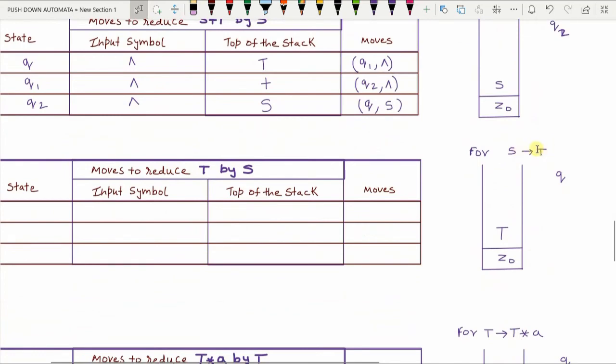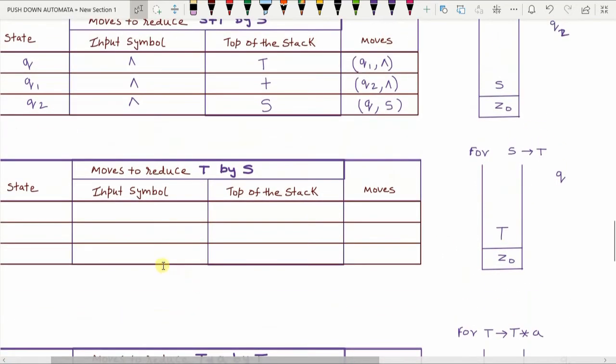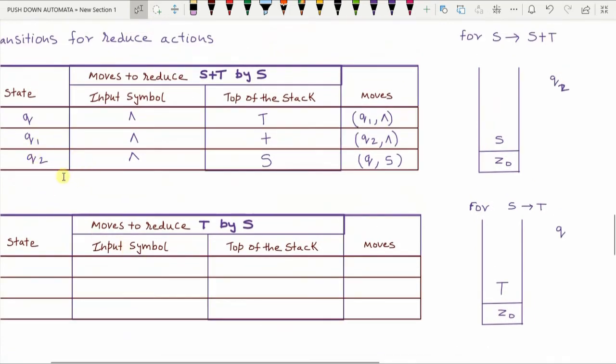Now S gives T, that means T which is there on top of the stack, I want to replace it with S. So again, always remember for each of these reduce actions, for each of the transition tables that you draw, the first state should be common.